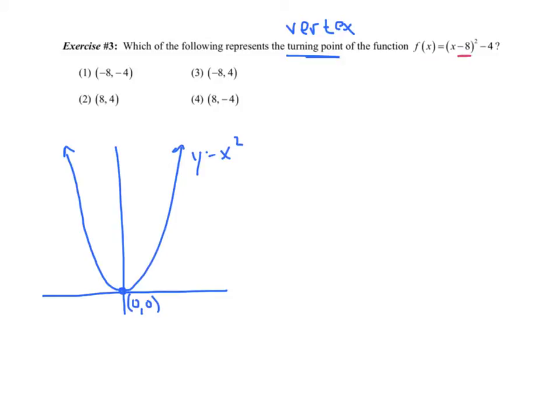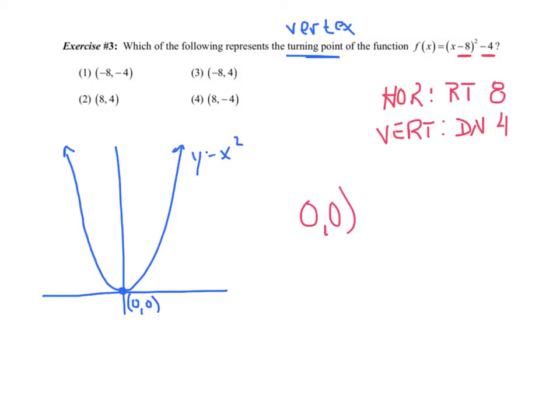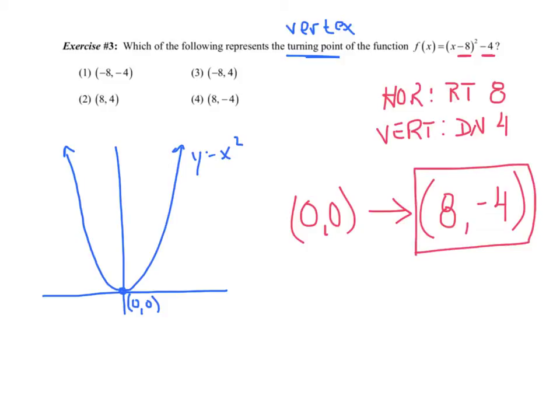I see a minus 8 on the inside, so my horizontal movement is going to be to the right 8 units, and then on the outside there is my vertical movement. And minus 4 means I'm going down 4 units. So the vertex used to be at 0, 0. Now I'm going to go to the right 8 units and down 4 units. There's my new vertex right there. So I'm going to go with choice 4 on the multiple choice question.